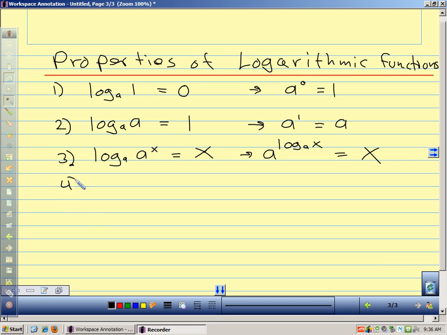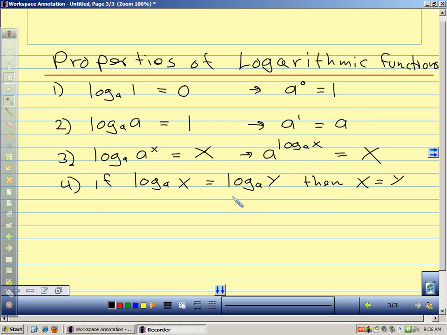And our fourth property is that if the log base a of x equals the log base a of y, then x equals y. It's kind of like they cancel each other out.